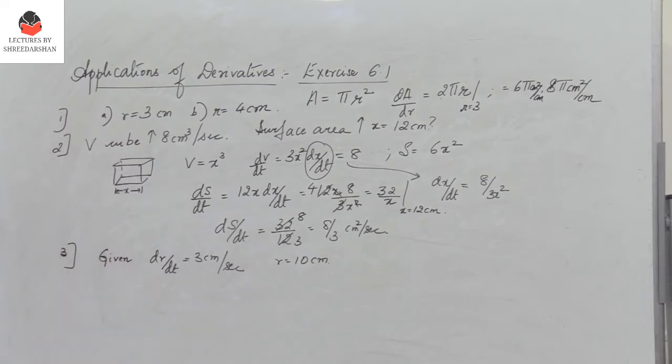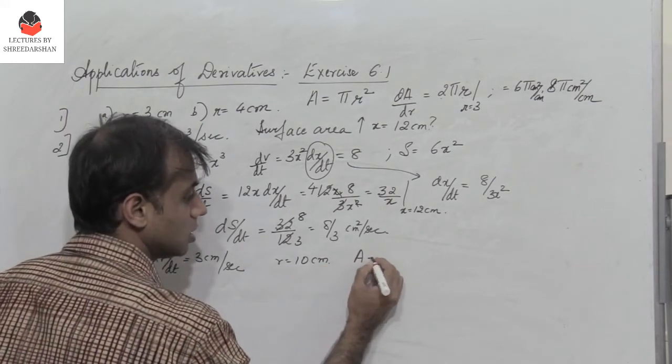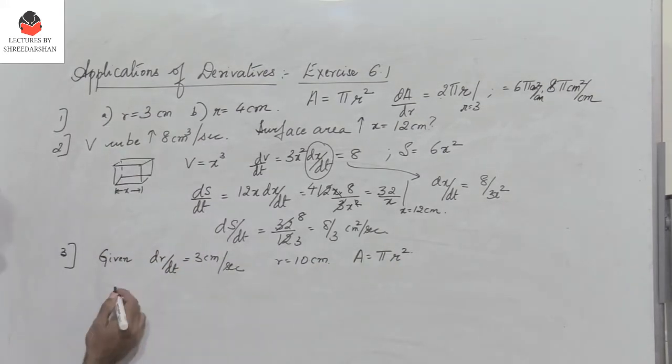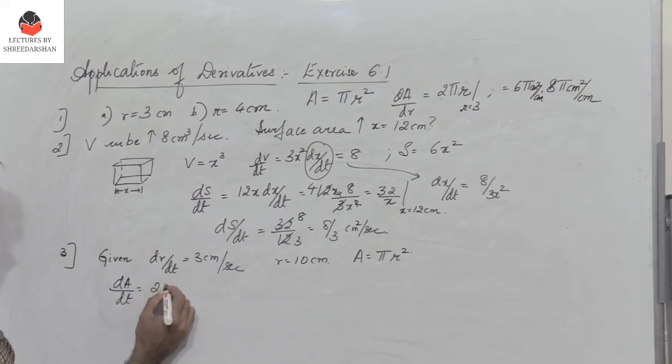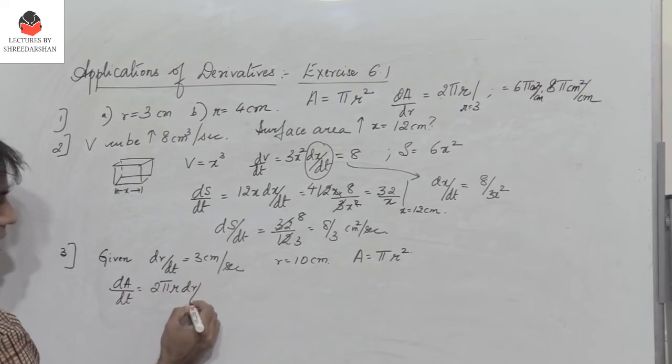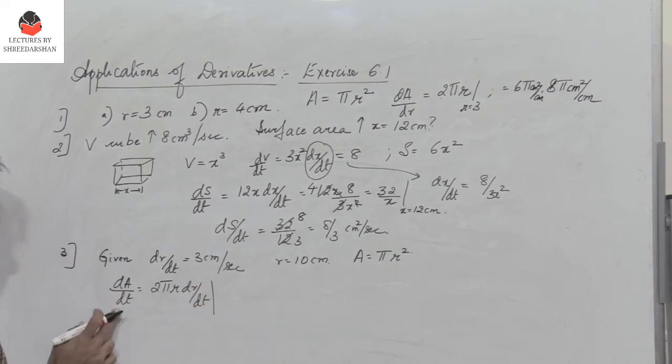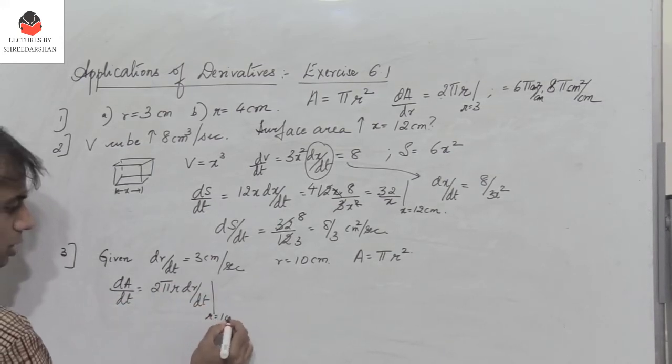Okay, so I need to find dA by dt. So we know that area of the circle is pi r square, right? So if I differentiate, dA by dt, I get 2 pi r into dr by dt, right? So I need to find dA by dt for r equal to 10.